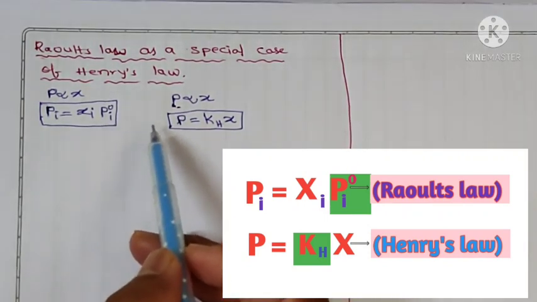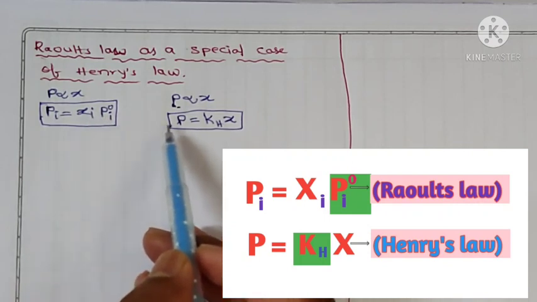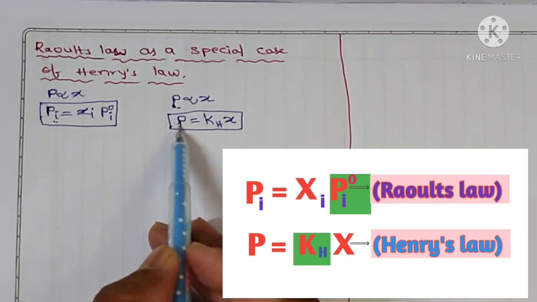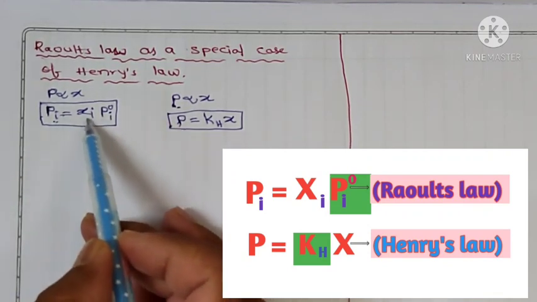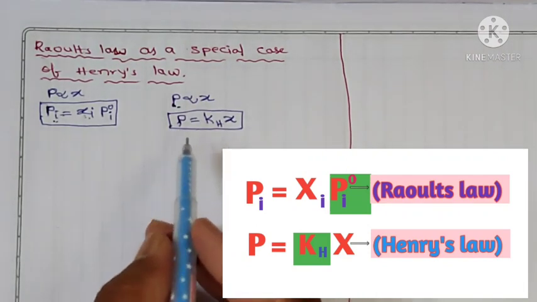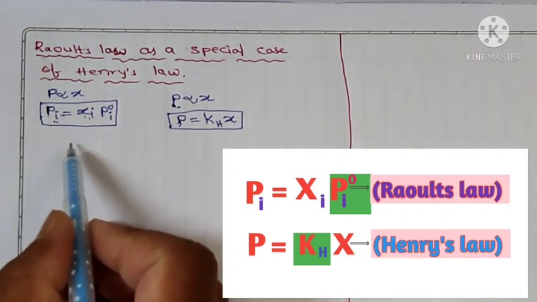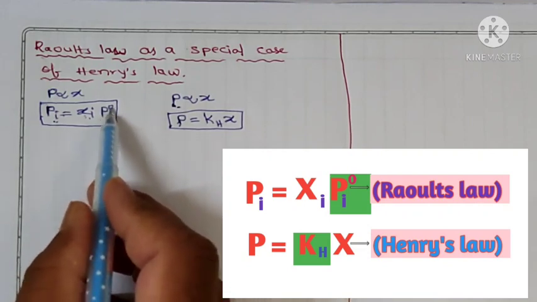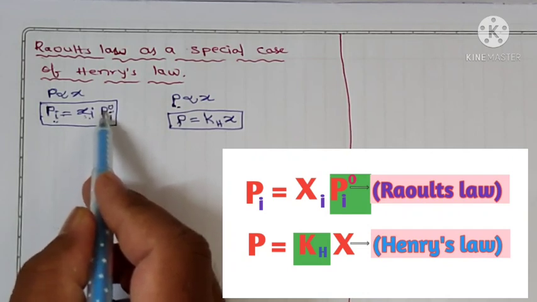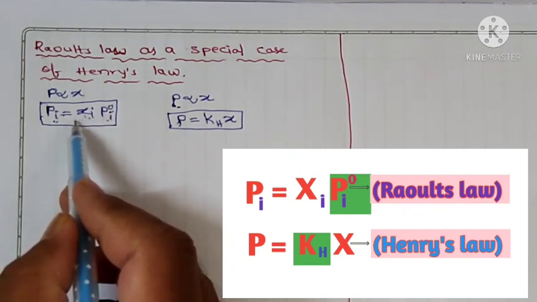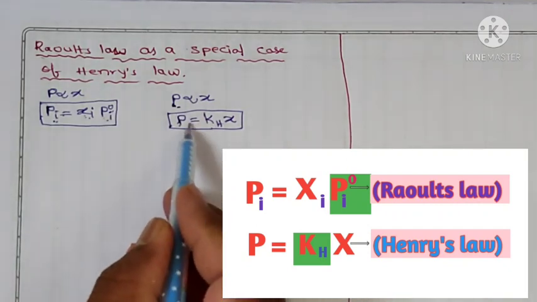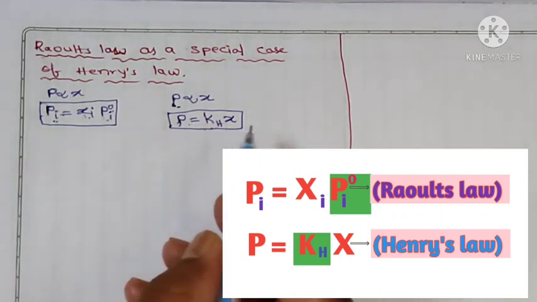If you compare both Raoult's law and Henry's law, the partial pressure of the volatile component is directly proportional to its mole fraction in the solution. So here only the KH differs from the P naught i. If you take P naught i, it belongs to Raoult's law. Instead of P naught i, if you take KH, it belongs to Henry's law.